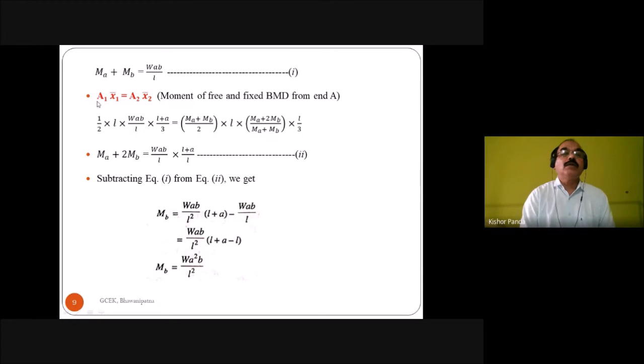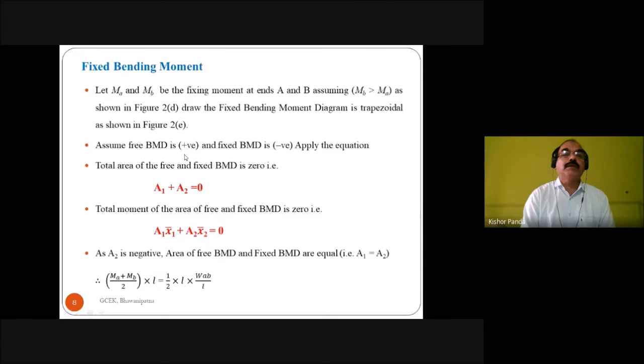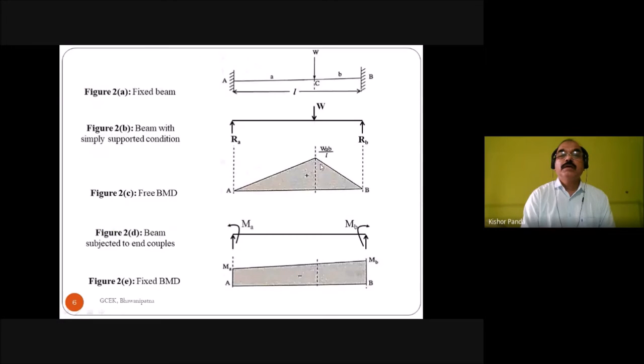So first you find out this equation, A1 x1 bar is equal to A2 x2 bar. You know already A1 is half into L into WAB by L. Then what is the centroidal distance of A1? This is L plus A by 3. Here you see, this is the triangle.